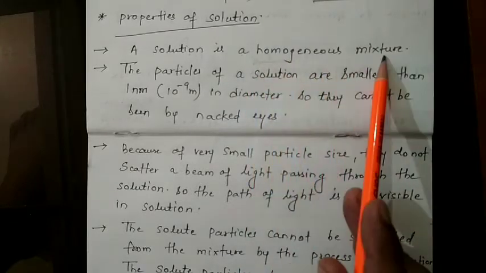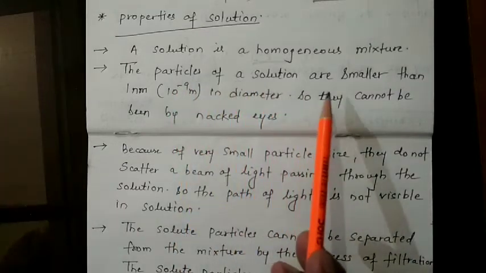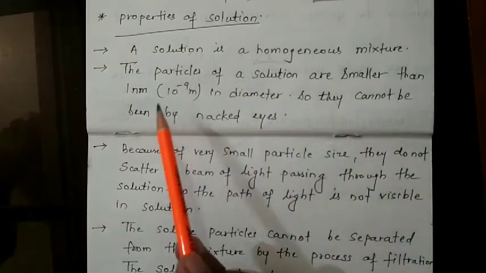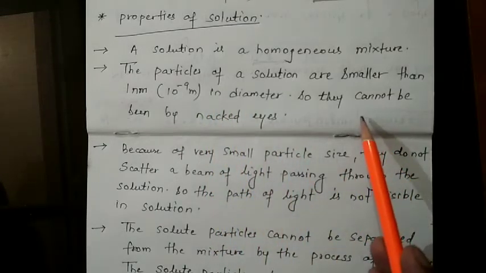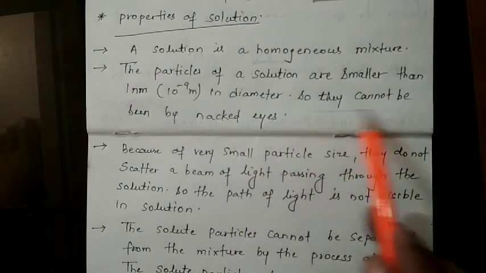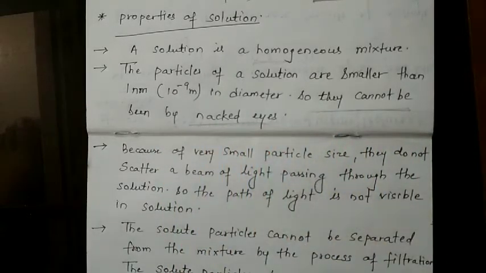First property: the particles of a solution are smaller than 1 nanometer in diameter. Being very small, they cannot be seen by the naked eye. This is the second property of a solution.